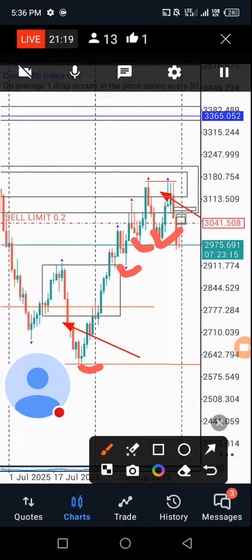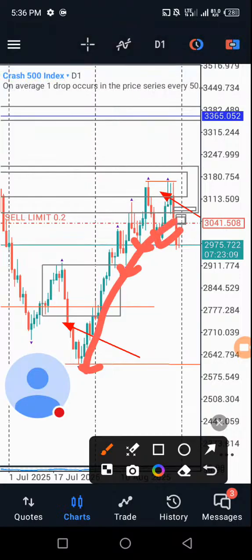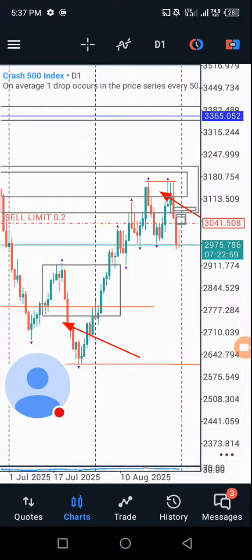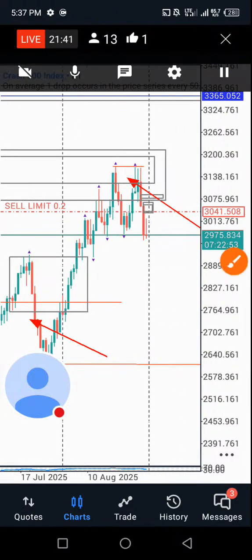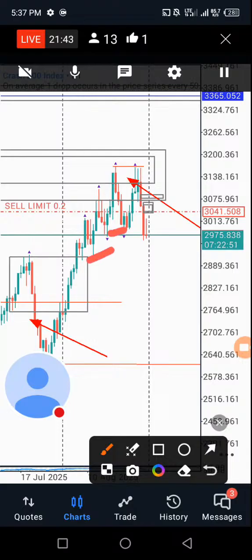There has not been any break of any of these lows. We are always seeing breaks to the upper side, right? So if we are going to consider this approach, we want to see a break to the downside.